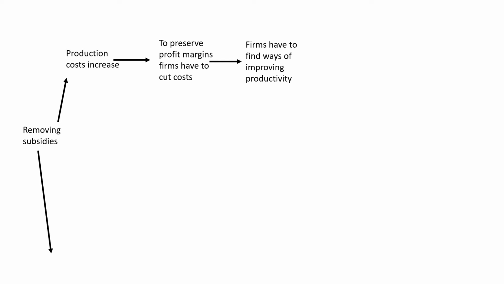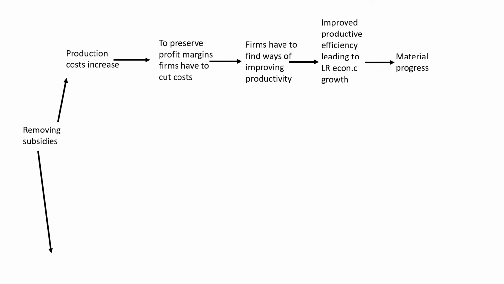As a result of that, firms will have to find ways of improving productivity. Improved productive efficiency will lead to long-run economic growth, which will trigger material progress, which in turn creates economic development. So that's the first route through.